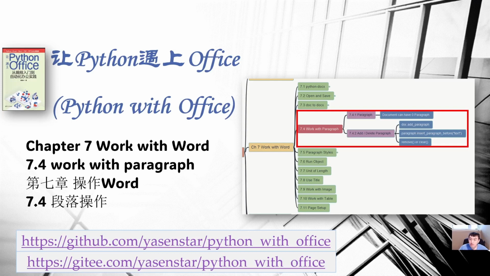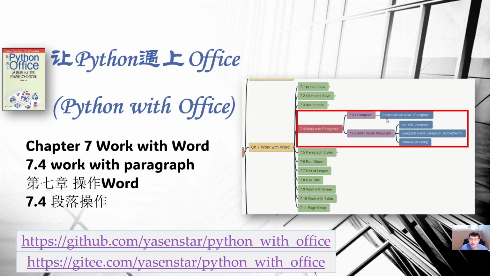The difference is that a paragraph in Word is similar to a worksheet in a workbook in Excel, but if you create a new document through python-docx, there's no default paragraph created at the same time.